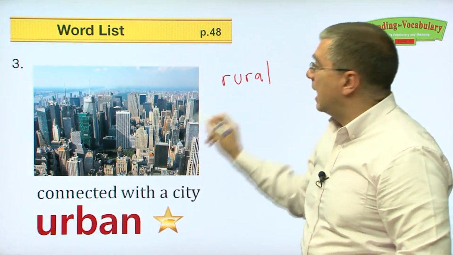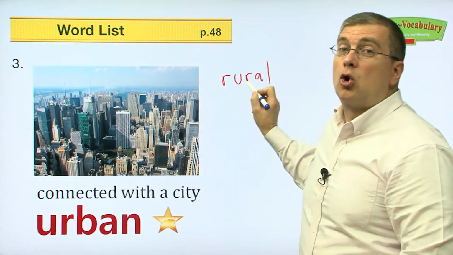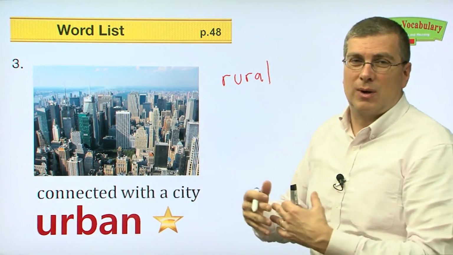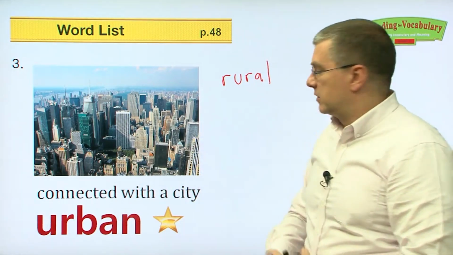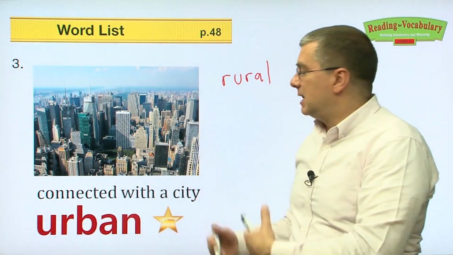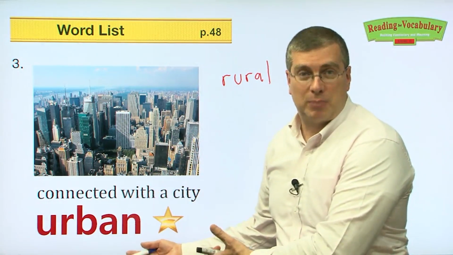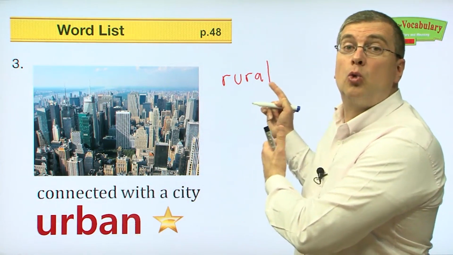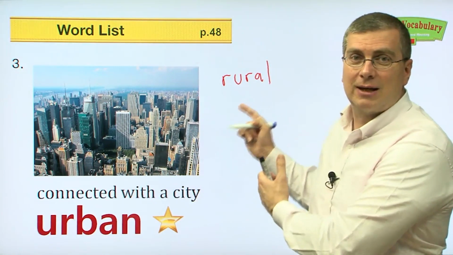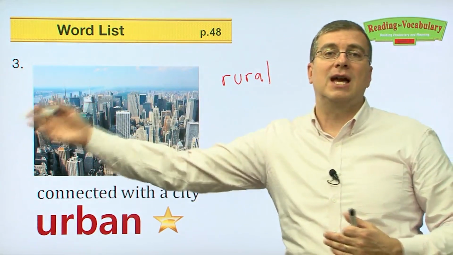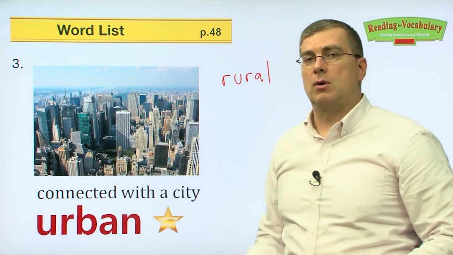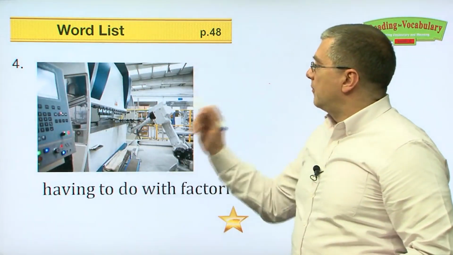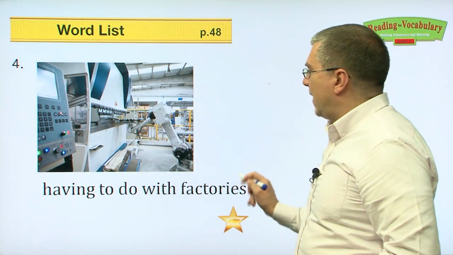So urban and rural are opposites. I live in a city, I live in an urban place or setting. I live on a farm, I live in a rural place or setting. Okay? So rural is countryside. Urban is city.